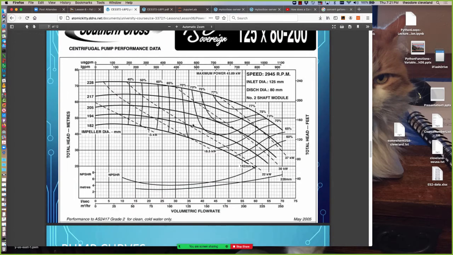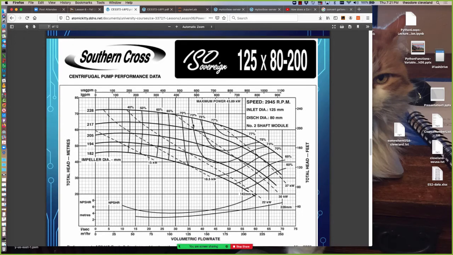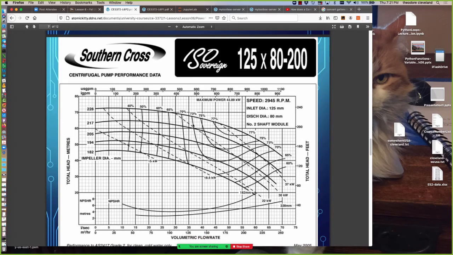As an example, here's a particular pump, a Southern Cross 125 by 80 to 200 pump. That designation is the manufacturer's designation. Let's look at the different parts of the curve.